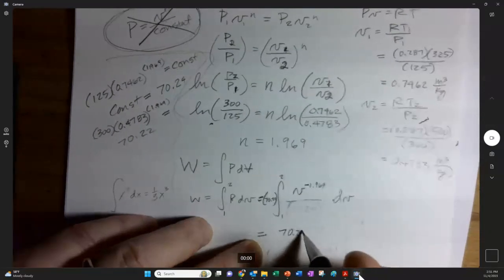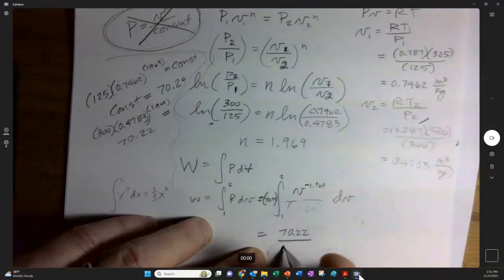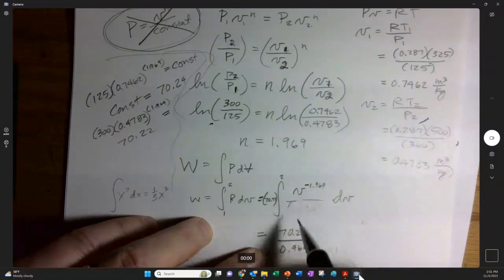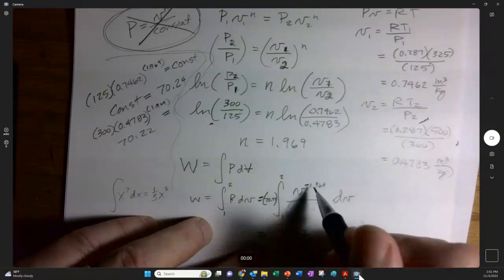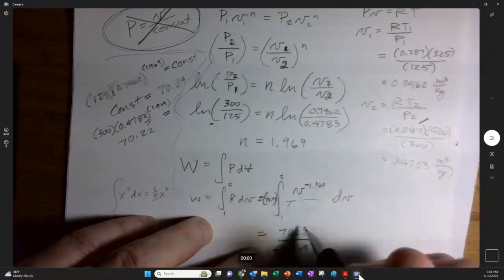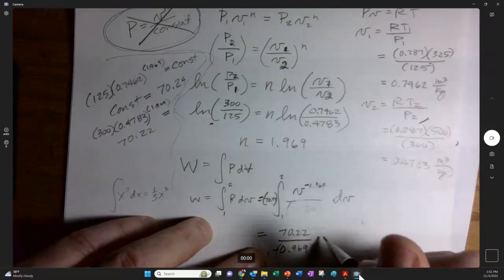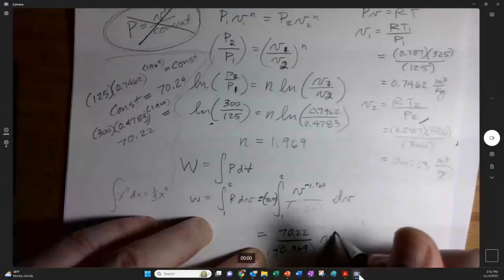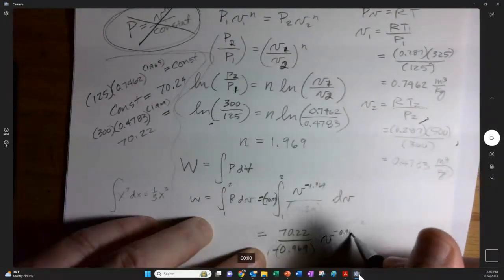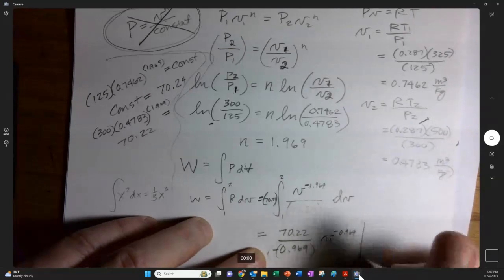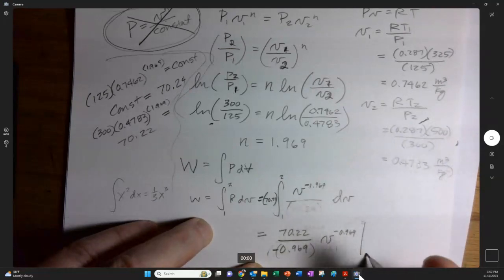So it's 70.22. And so that's going to be 0.969. But what do we need? Does it need to be negative? I think it needs to be negative because that's negative. I think so. I don't remember, but I think so. Negative 0.969.